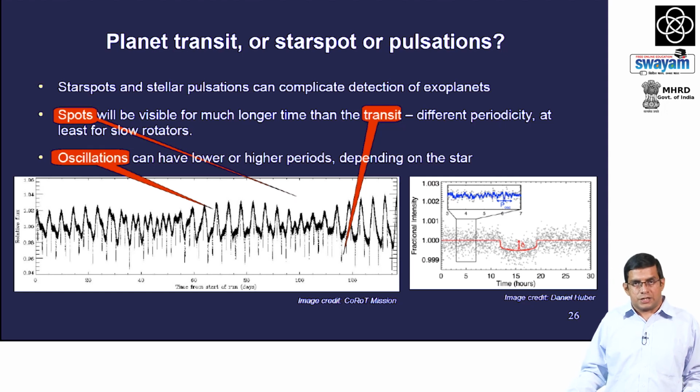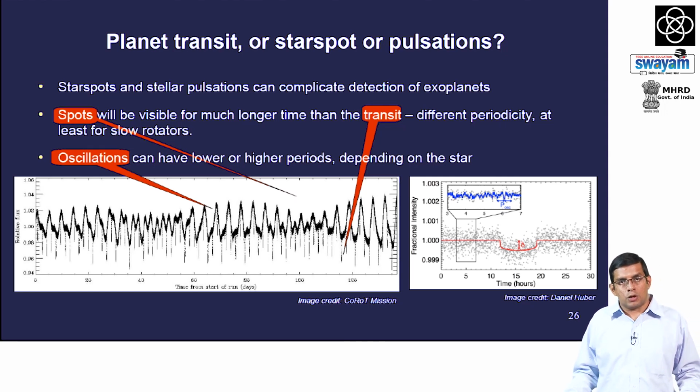Stars can also have oscillations, and these oscillations also cause variation in the stellar luminosity. Now, these oscillations can have lower or higher periods than the transit depending on the star. In this example, in this data here, the oscillations have a much longer period than the transits. These spikes are due to the oscillation, and they have a much longer period than the transits.